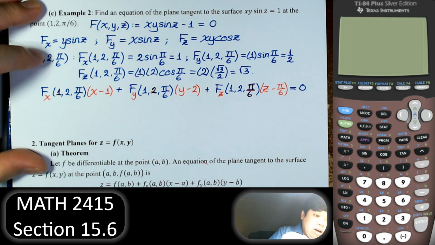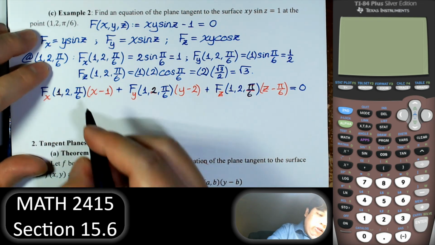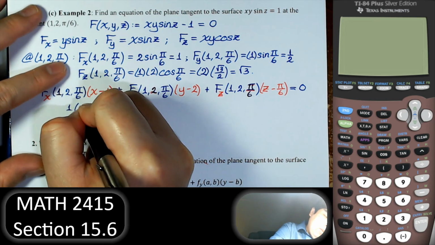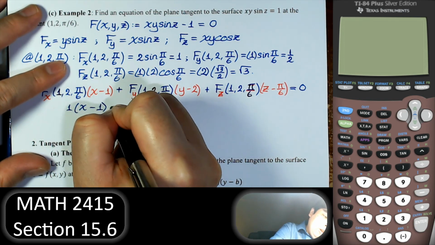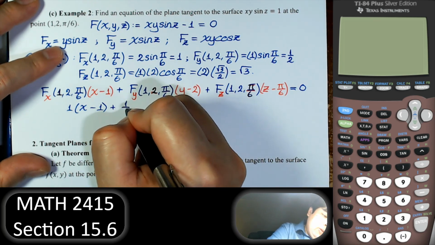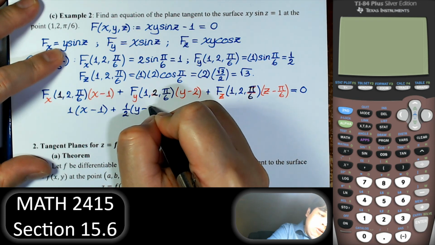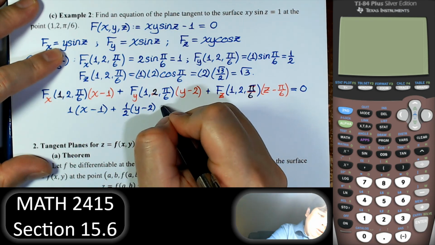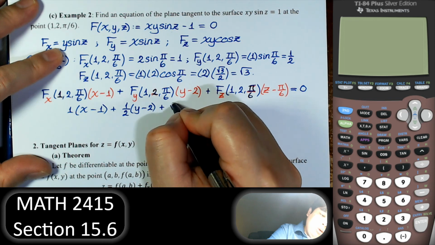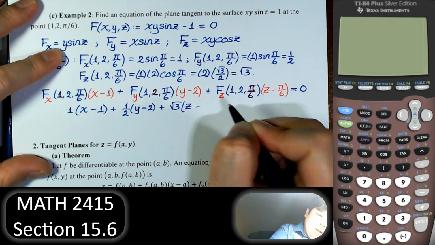And I will just put in the numbers. 1 is the partial derivative with respect to x times x minus 1. With respect to y, 1/2 times y minus 2, and then square root of 3 times z minus pi over 6.